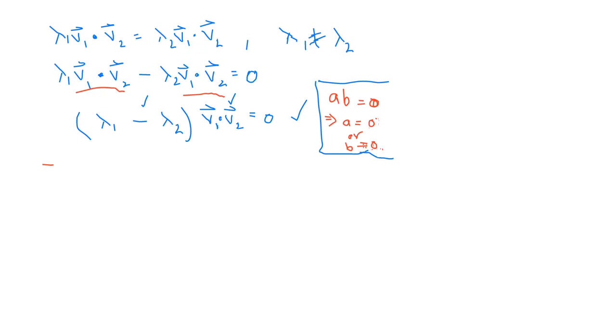So this implies that lambda 1 minus lambda 2 equals 0, or the dot product of V1 and V2 equals 0.